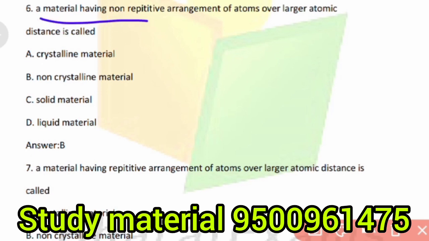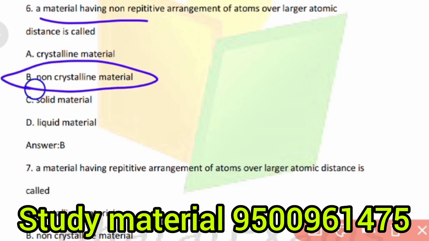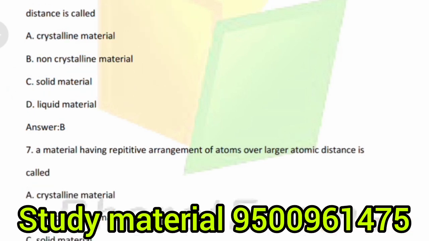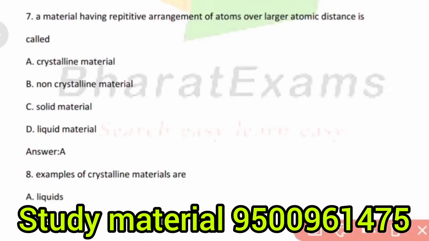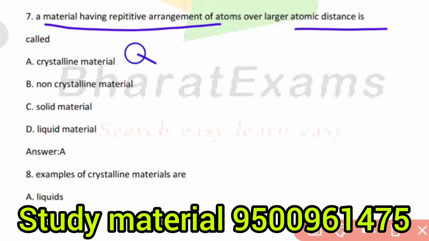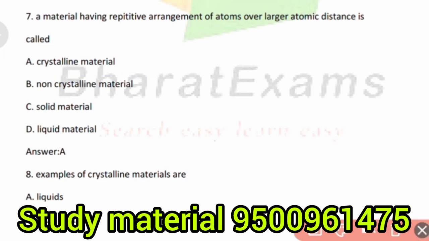A material having non-repetitive arrangement of atoms over larger atomic distance is called non-crystalline material. A material having repetitive arrangement of atoms over larger atomic distance is called crystalline material.